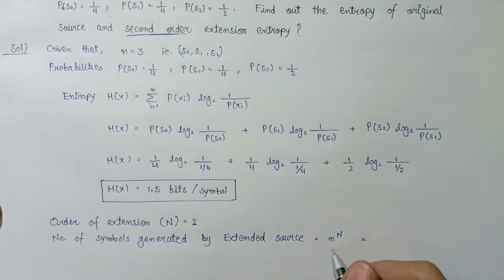So simply writing the values, the original source generates 3 symbols and the order of extension is 2. So the total number of symbols generated by the extended source comes out to be 9.